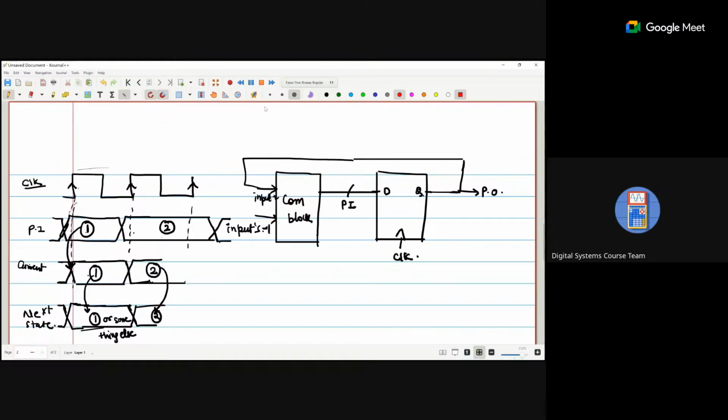My current state depends on the present input. When the clock pulse changes, my present input changes. For example, I just make a little change here, and my current state changes. Again, it will change.